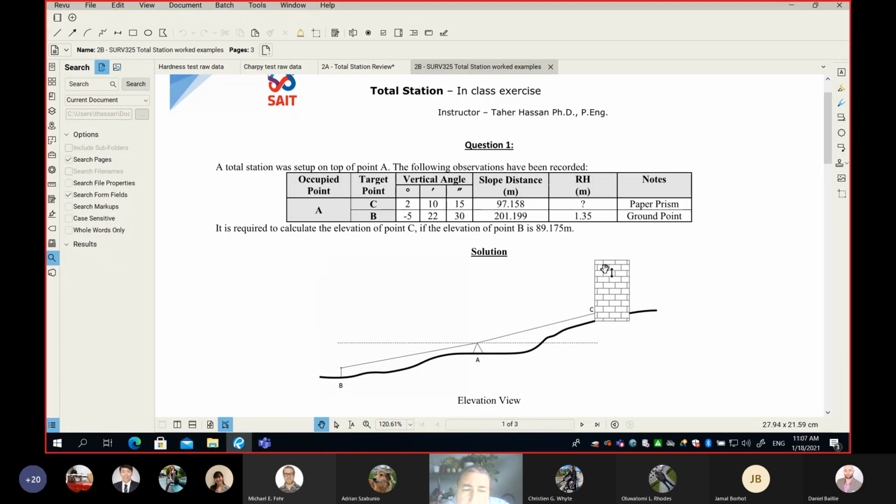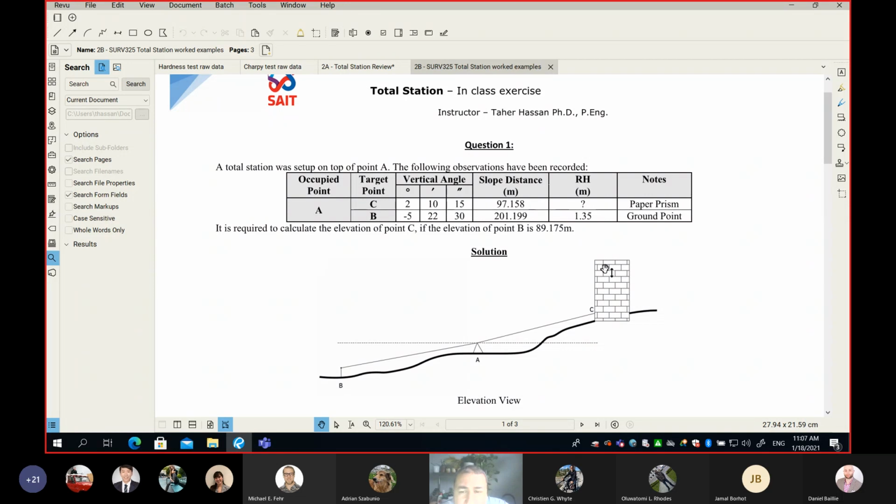The vertical angle to point C is positive, which means it's an altitude angle. It's above the horizon, while the vertical angle to point B is negative 5 degrees, which means it's a depression angle. It means my line of sight was below the horizon.